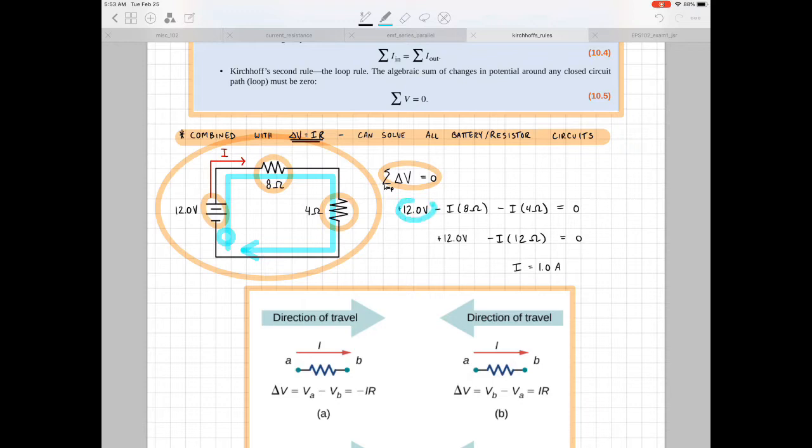And so you can see over here, I've written down plus 12 volts. The next thing, after I get through the battery, the next thing I get to is this 8 ohm resistor. And so as I travel through the 8 ohm resistor, that corresponds to a voltage drop of I times R. So that's the I in the 8 ohm with the minus sign.